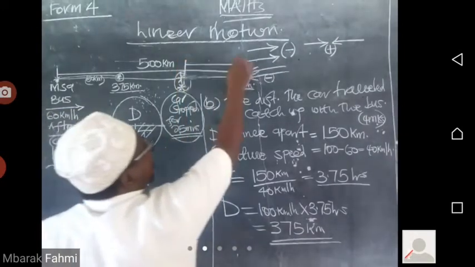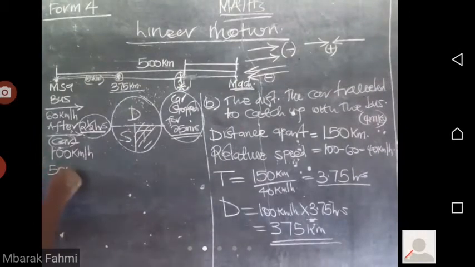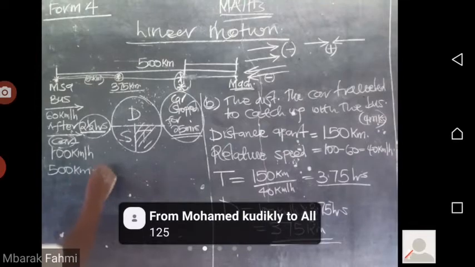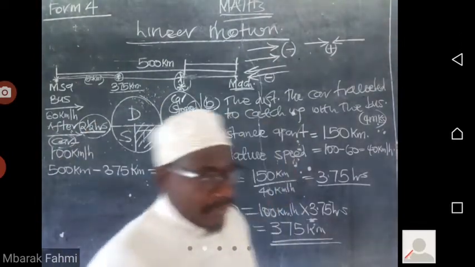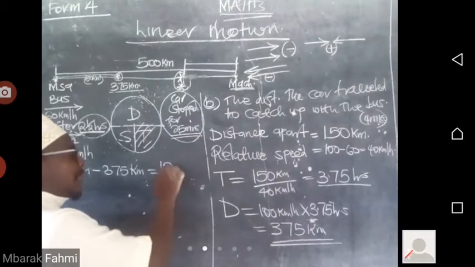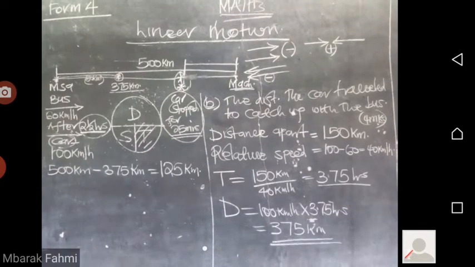We'll take 500 kilometers minus 375 kilometers, and that is going to be equal to 125 kilometers. So this will be the total distance that is remaining.